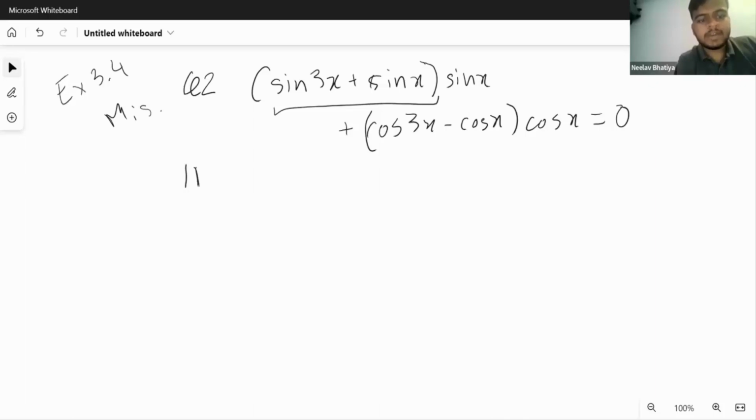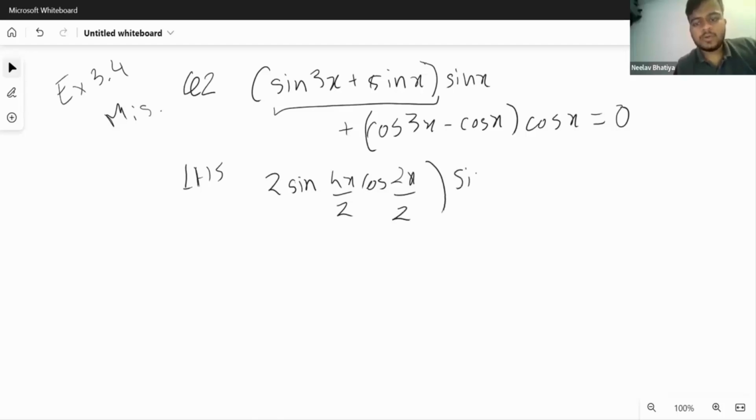Let's try and simplify the LHS. 2 times sine of (3x plus x) by 2 is 4x by 2, cos of (3x minus x) by 2 is 2x by 2, into sine x, correct?